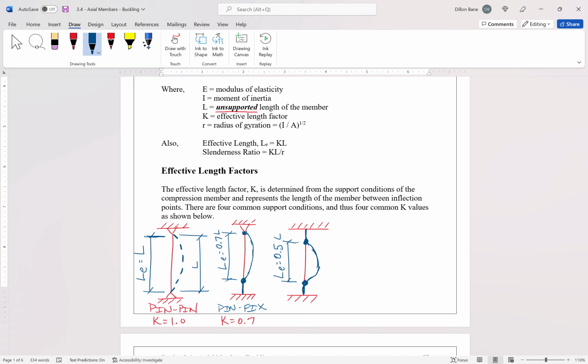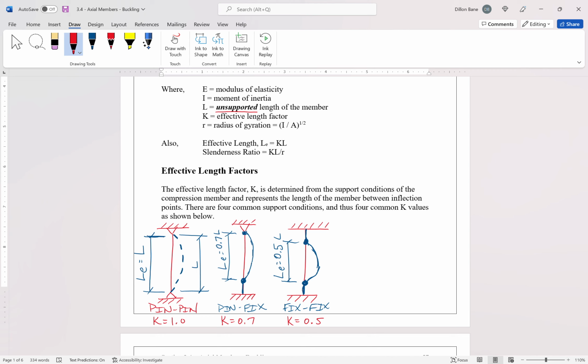So 0.5 times L, the distance between the inflection points is 50% of the length. So this is a fixed fix column. And since L sub E is 0.5 L, we get a K factor of 0.5. So that's pin fix, and now fix fix.